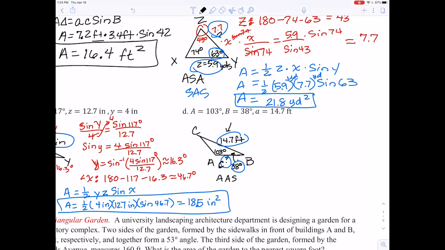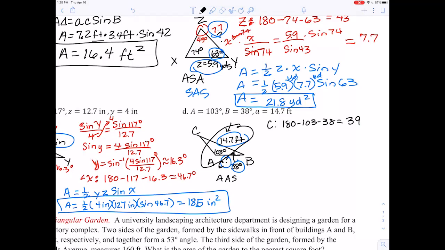Well, to do that, we really need to know what angle C is, because we have the pair of A's, but we don't have either part of C, but it's pretty easy to find C when we already have angle A and B. So we'll start with angle C, which is equal to 180 minus 103 minus 38, and that would give us 39.